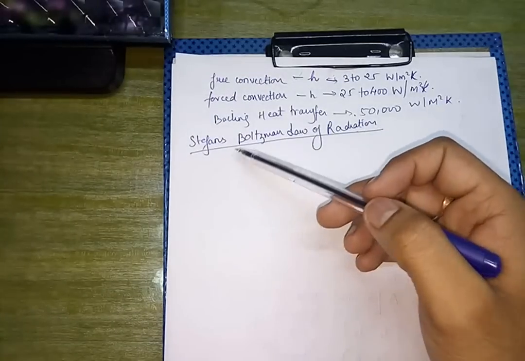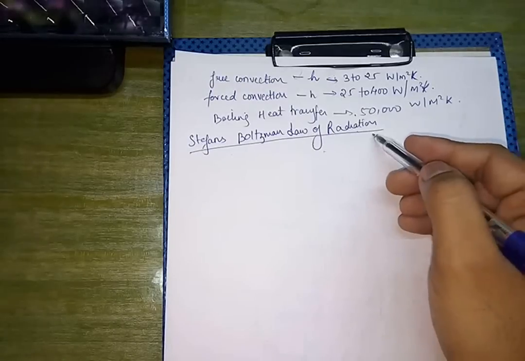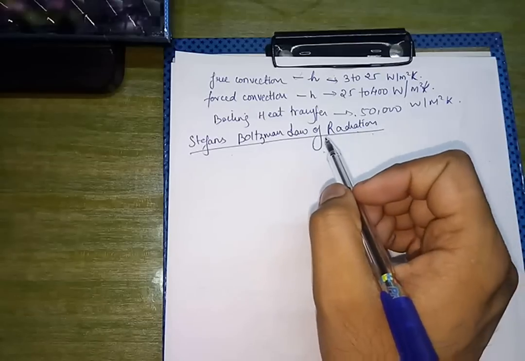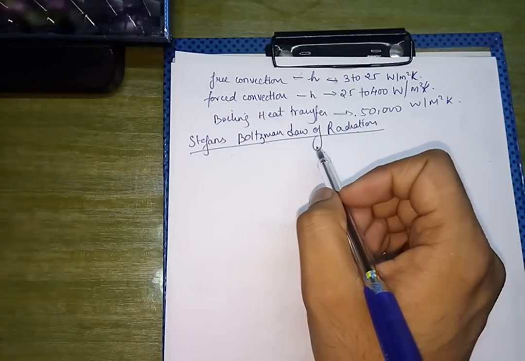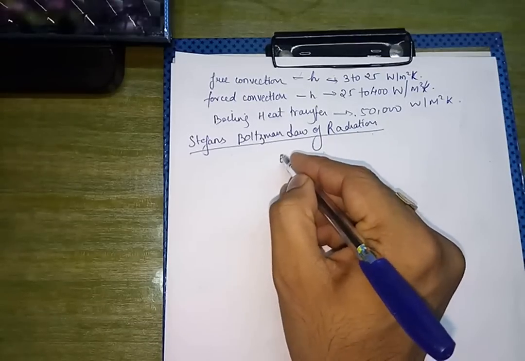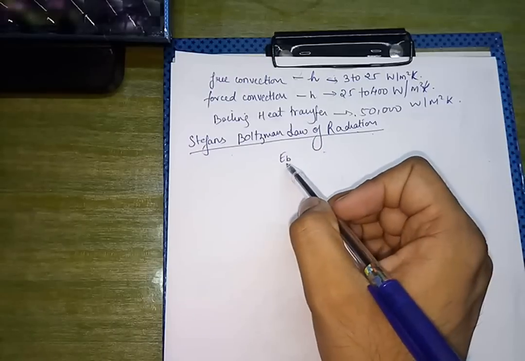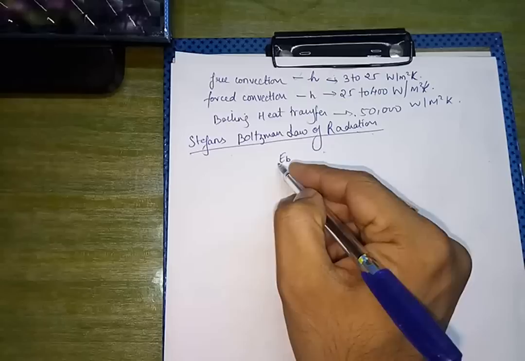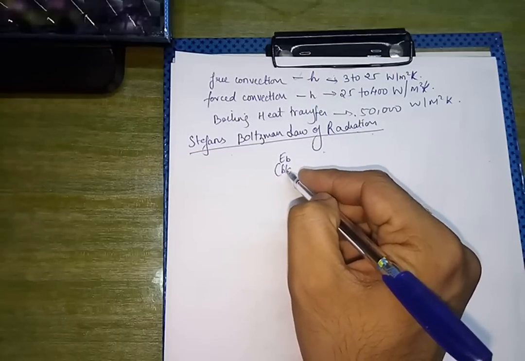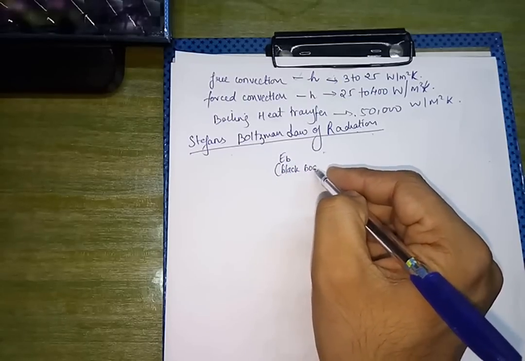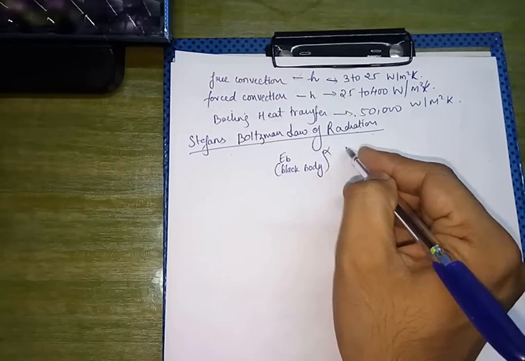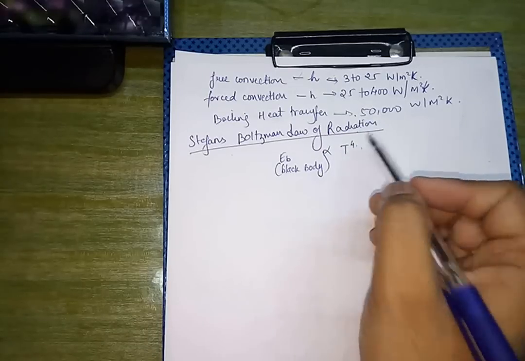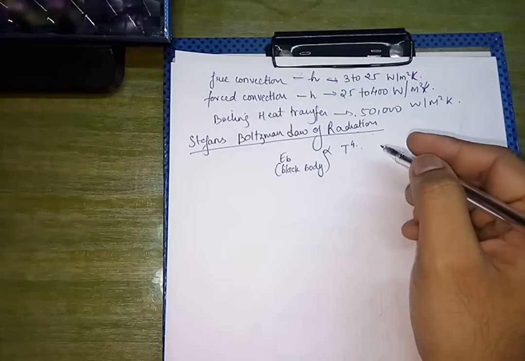Now we have the Stefan-Boltzmann law for radiation, and according to this law, the energy which is being emitted from the surface of a black body, let it be E_b, is directly proportional to the fourth power of temperature.